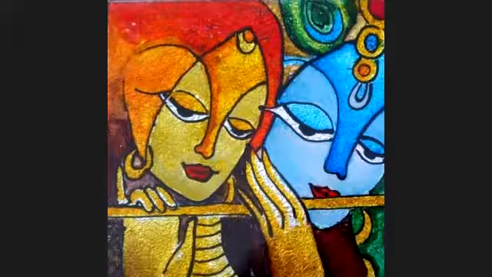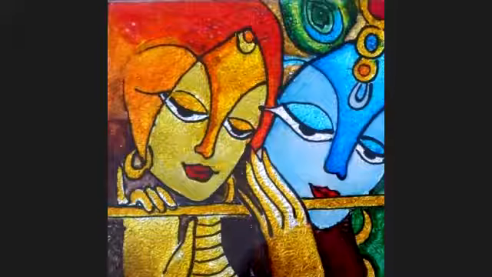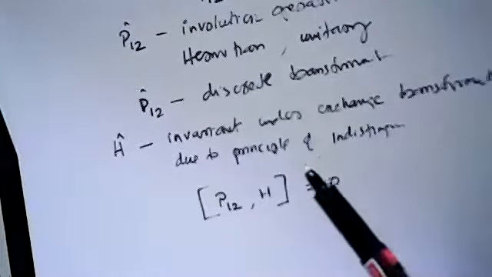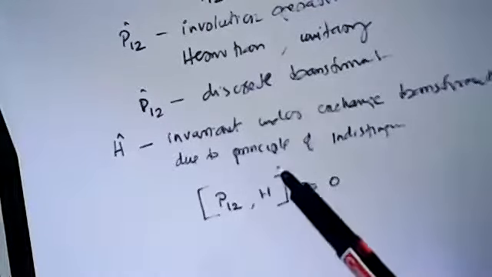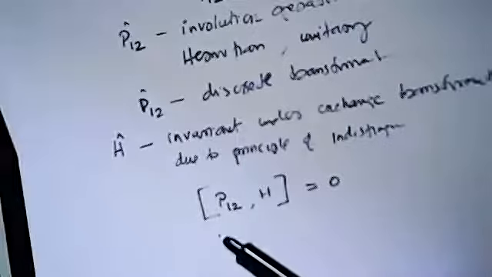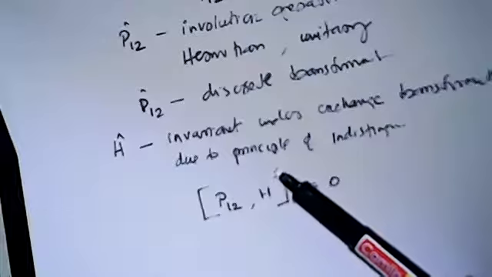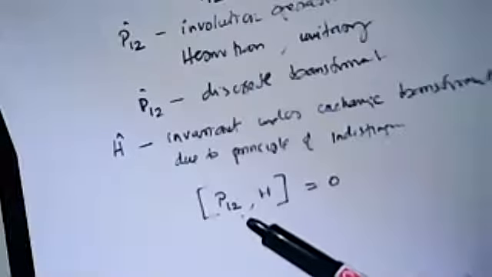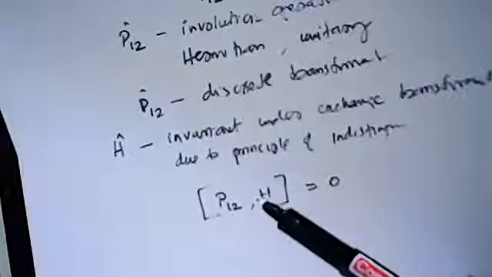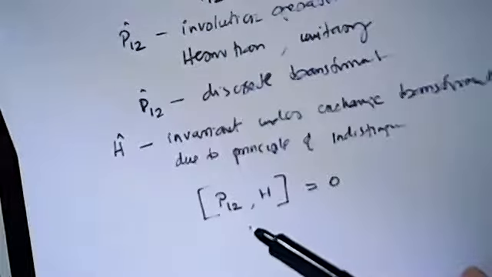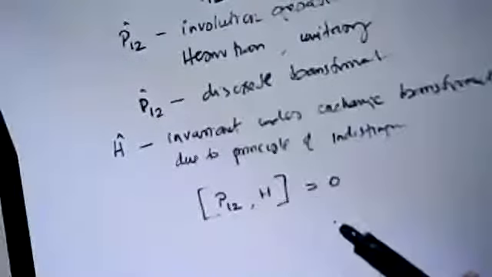It commutes with the Hamiltonian, the commutator of P12 and H equal to 0, because during the motion, even if you exchange the particles, nothing happens to the system. This exchange does not affect the system. The system remains invariant. So that is a constant of motion, and a constant of motion should commute with the Hamiltonian.